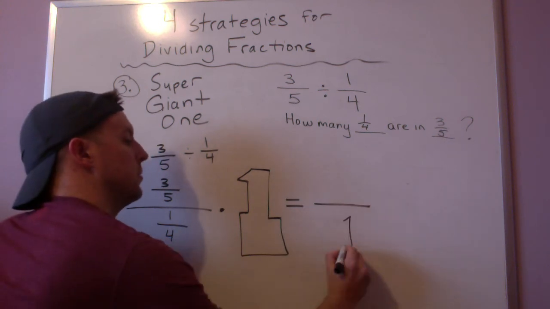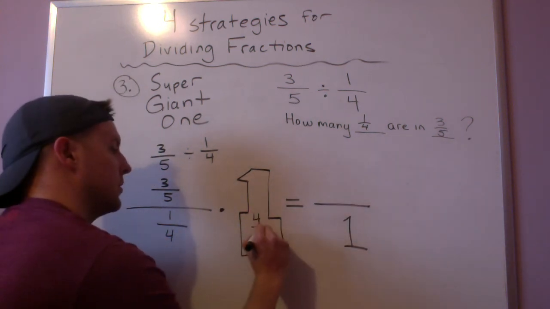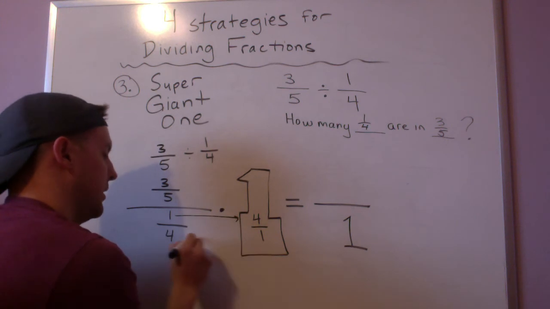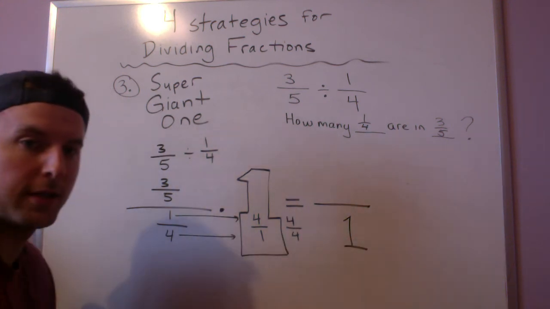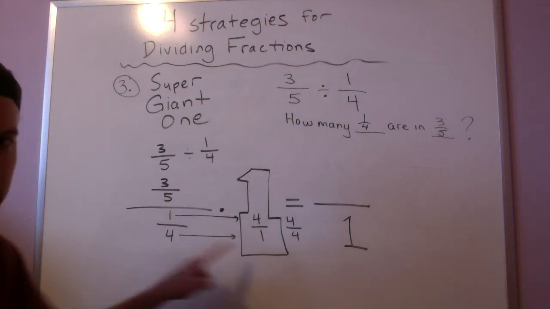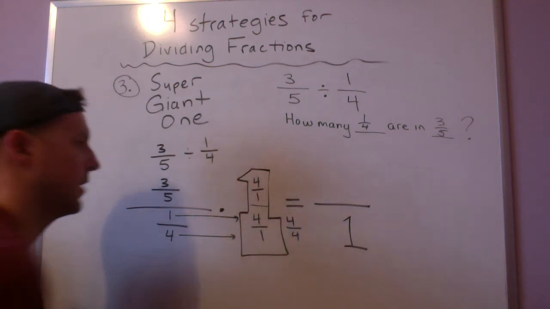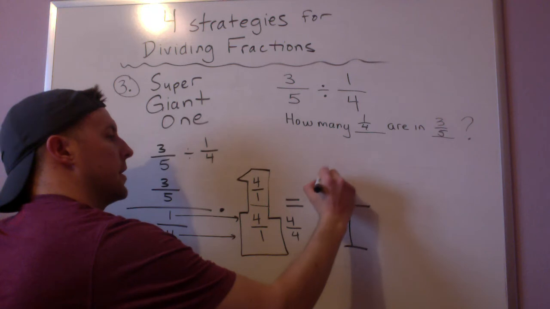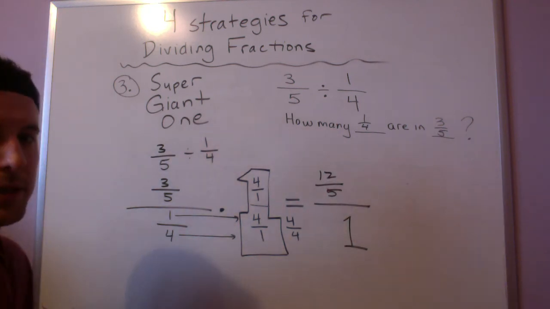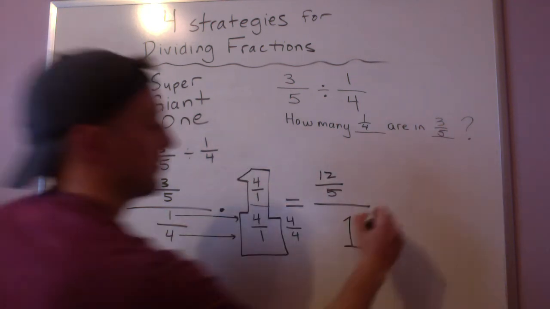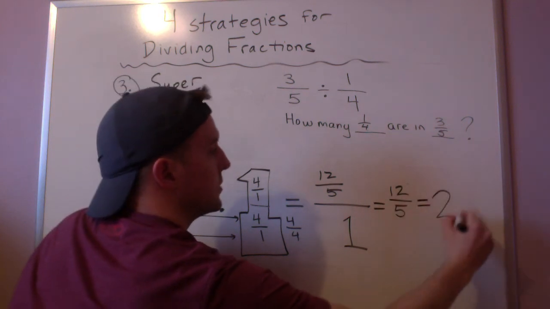If I go over here, that's going to get me 4 over 4, which is 1. So I'm using the reciprocal of 1/4, and if I use that here to make it a true supergiant 1, I also have to use it here. So at the top, I get 12/5. Very similar to the common denominator method. I get the 12/5 over 1, which is equal to 12/5, which is equal to 2 wholes and 2/5. Supergiant 1, getting the same answer every time.